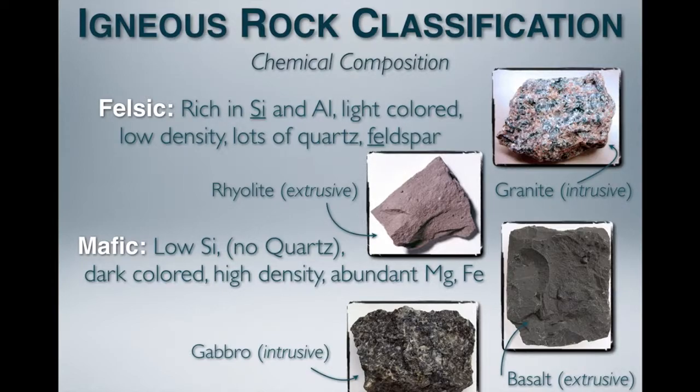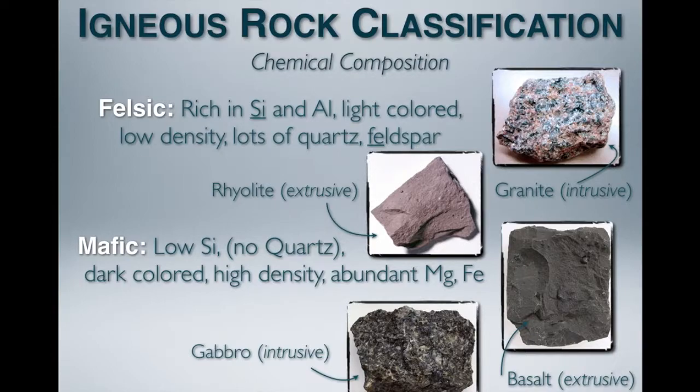All right, so we've moved on now to talking about how we can classify these by our chemical composition. So we have our grain size, intrusive versus extrusive, which is how quickly these minerals cool and how large the grain sizes are, which we'll get into our specific vocabulary for in a moment.